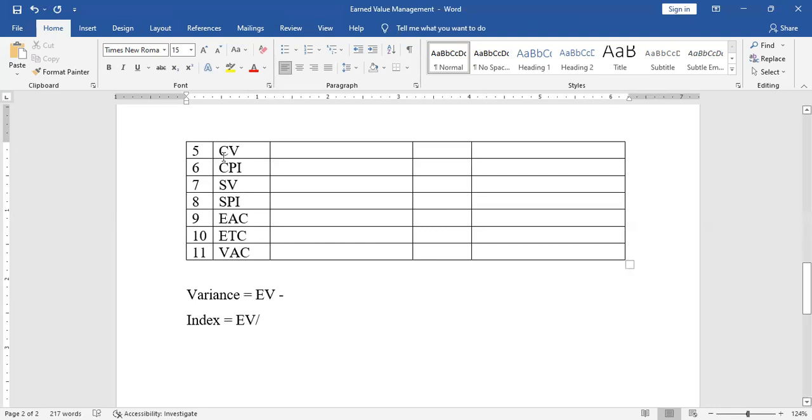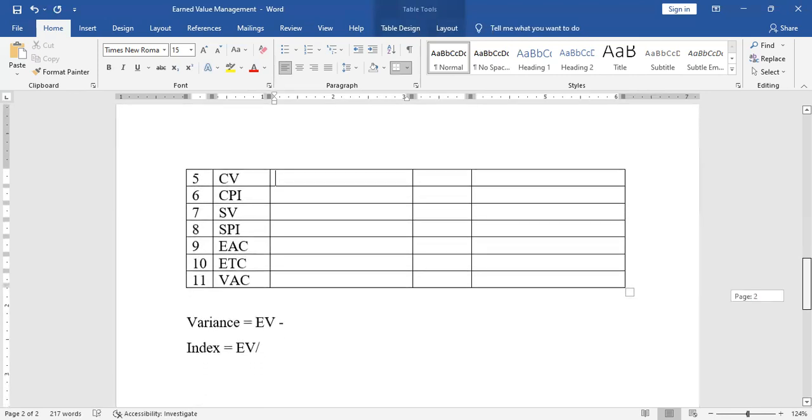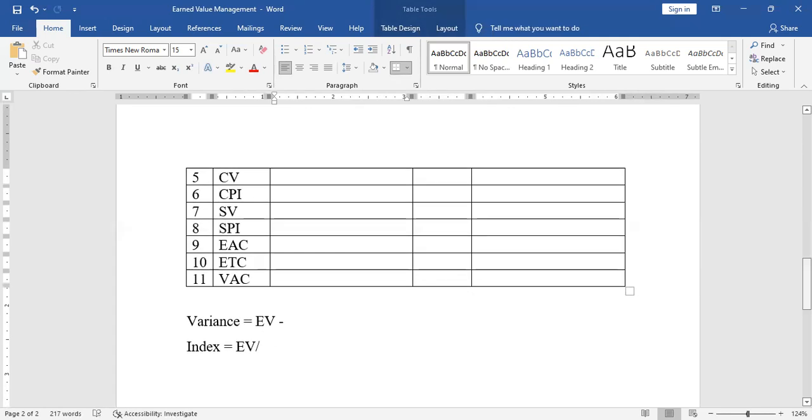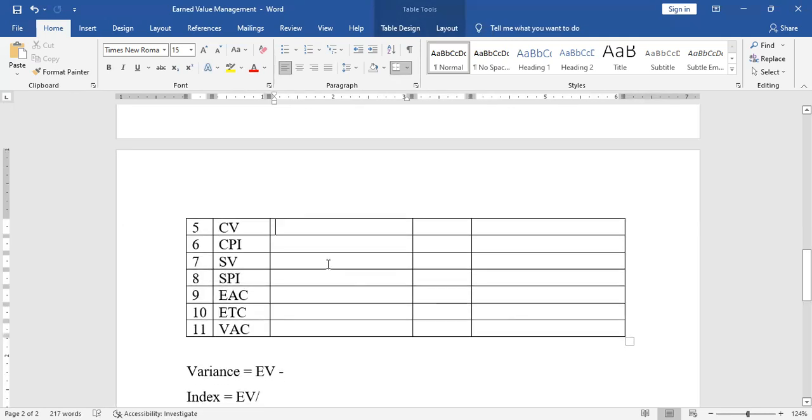So let's see. Cost variance. Because of the word cost, it simply means that actual cost is involved. So remember the variance, it will be EV minus AC. Remember, EV is always present, minus AC.